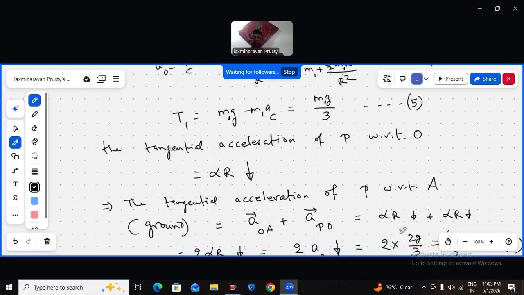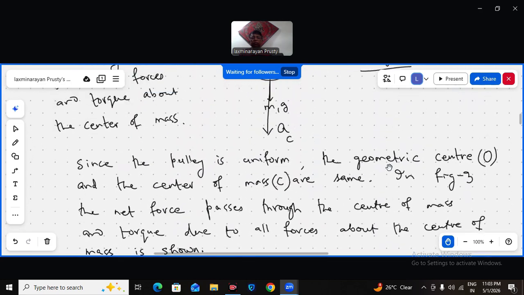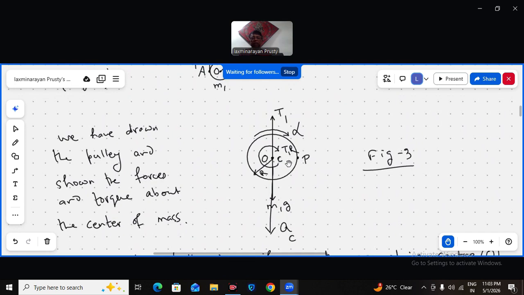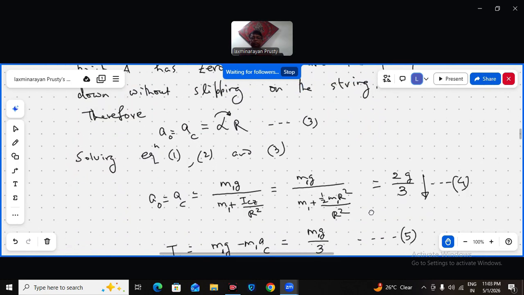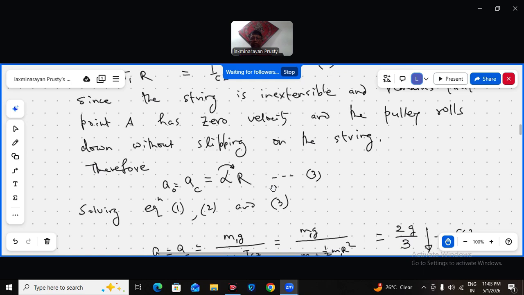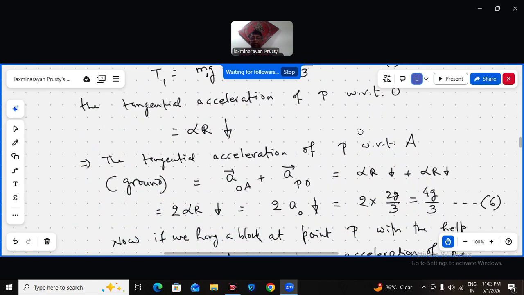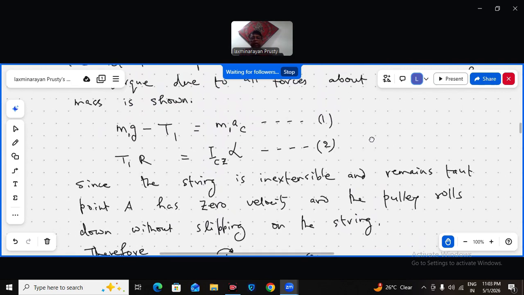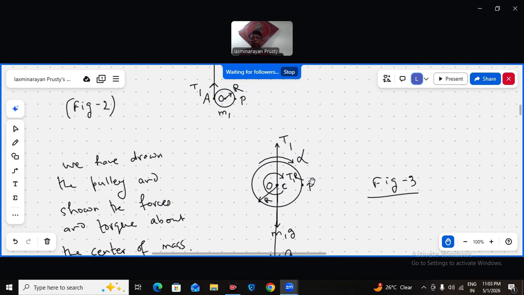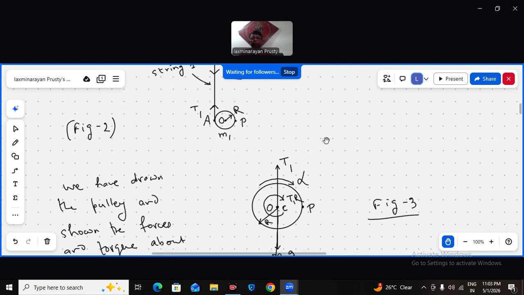And the tangential acceleration of P with respect to O will be how much? Tangential acceleration of P is alpha R in downward direction. The tangential acceleration of P with respect to A will be how much?